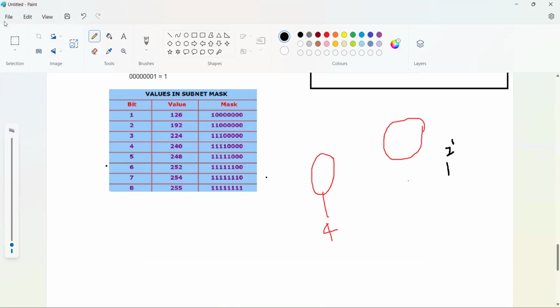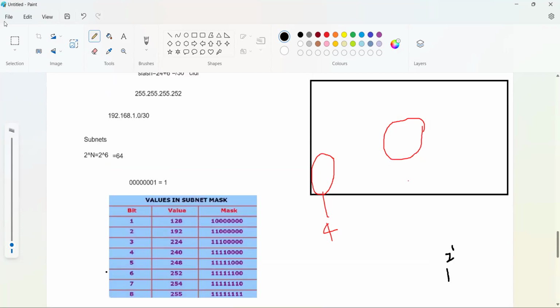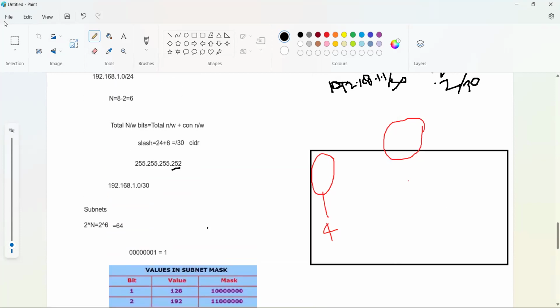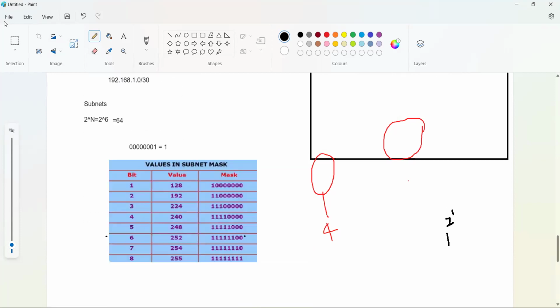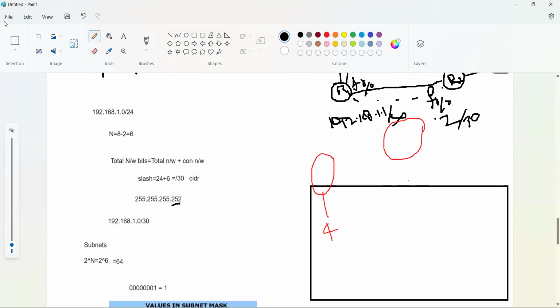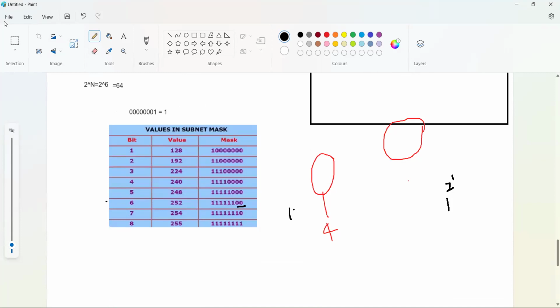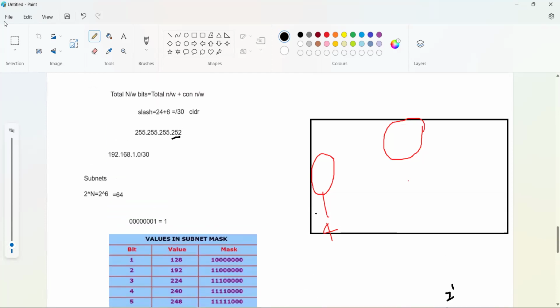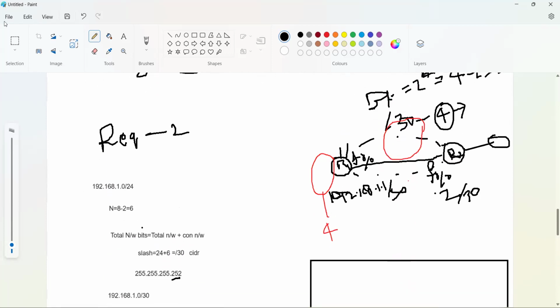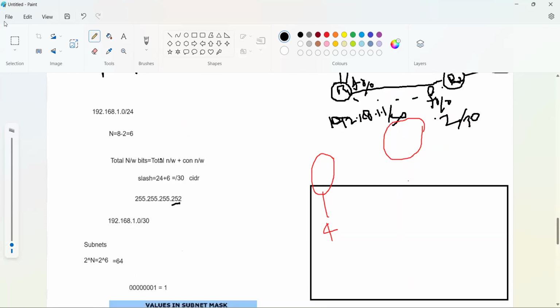Take these notes also because they are useful for subnetworks. Subnet values are like this. Whichever subnet we got, we got it from this only. Only 2 host bits are there, because we took the host bits as 2. The requirement is 2 host bits.